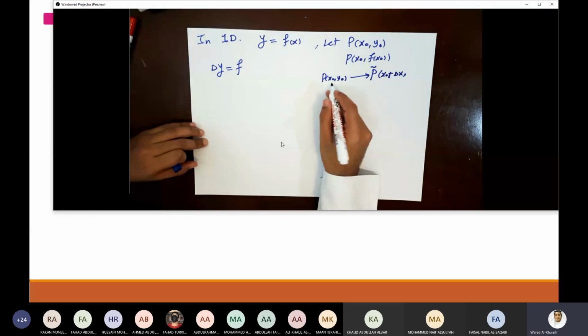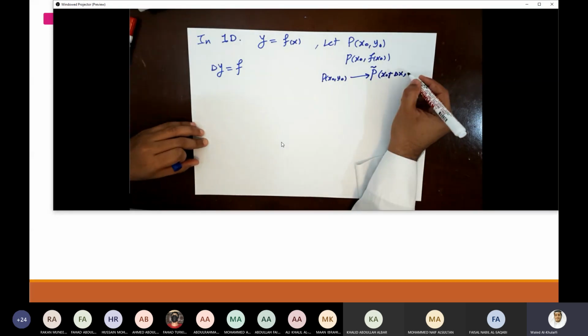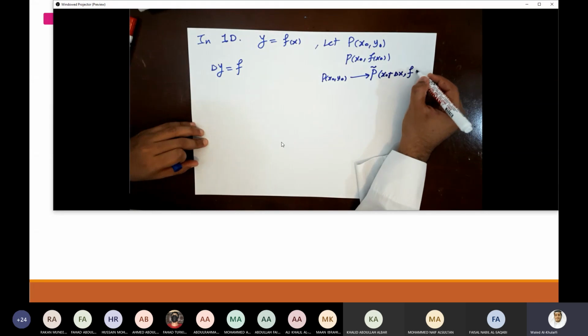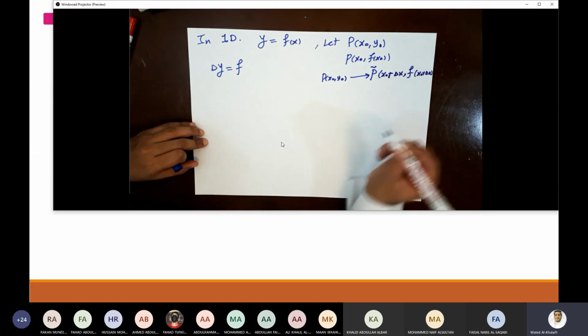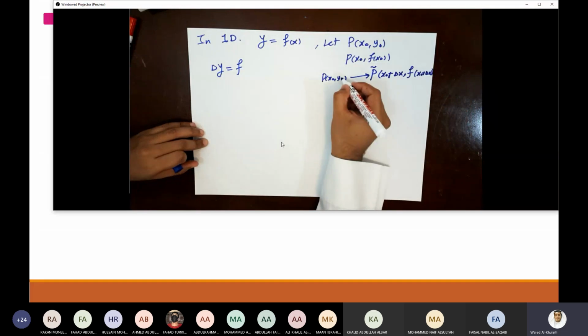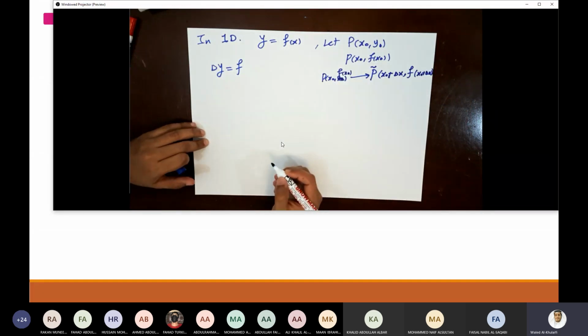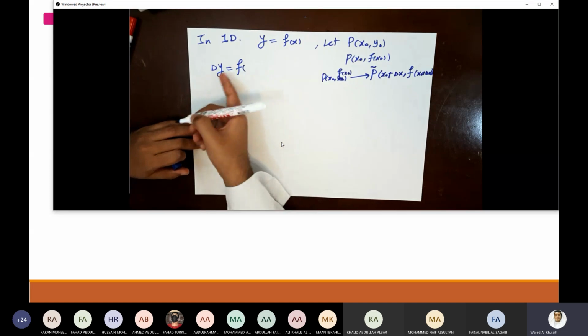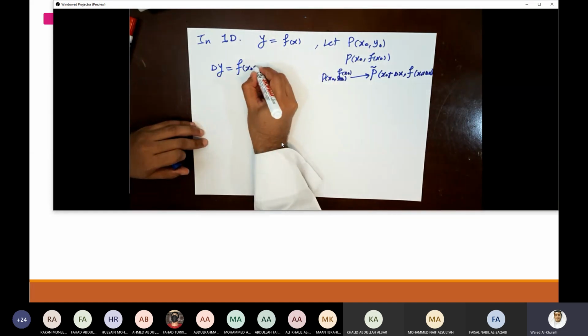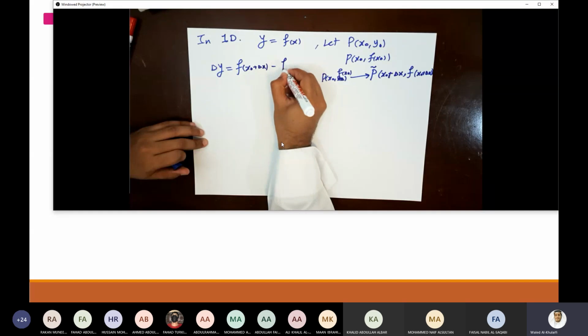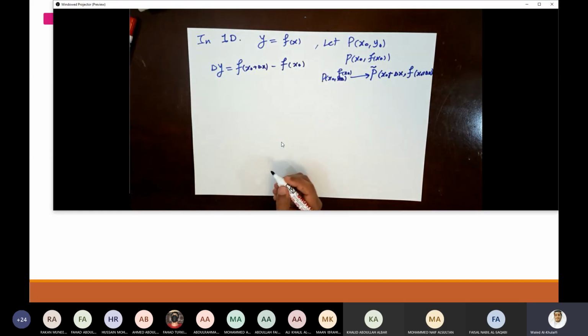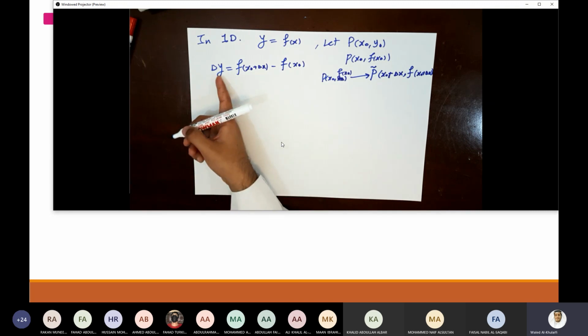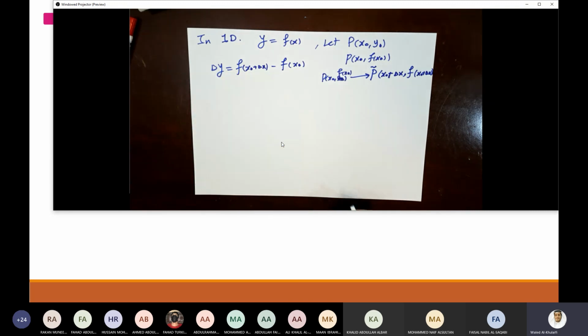This will be f of x0 plus delta x, so you have this point here, and y0 is f of x0. So delta y will be f at x0 plus delta x minus f at x0, right? Delta y, the change in y, is the value of the function at x0 plus delta x minus f of x0.